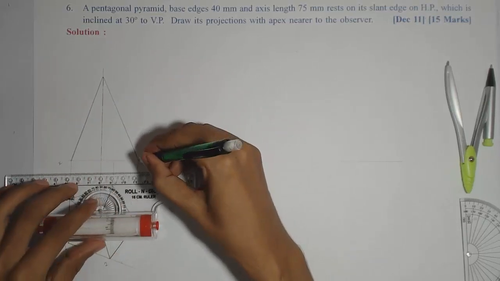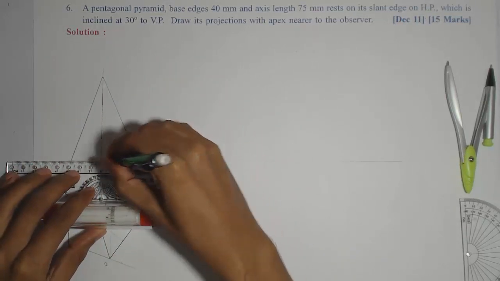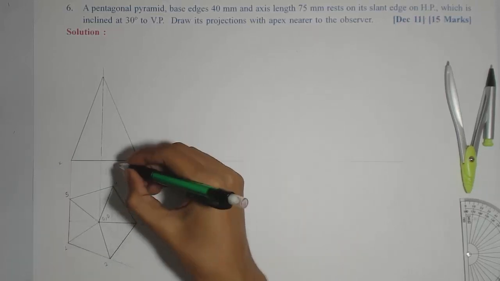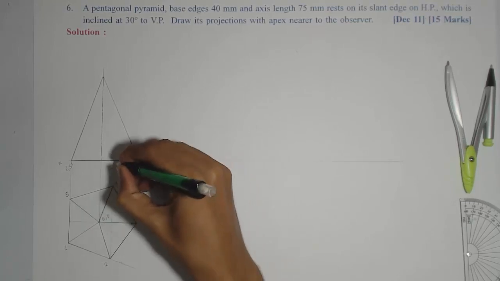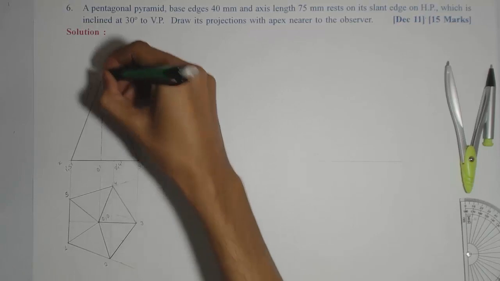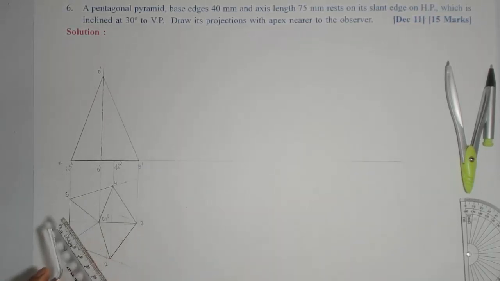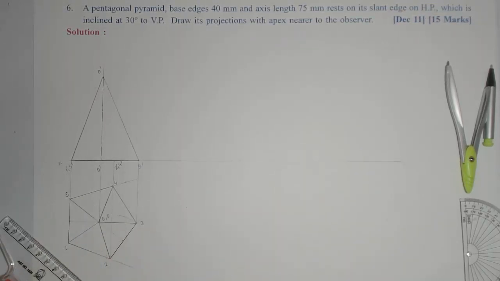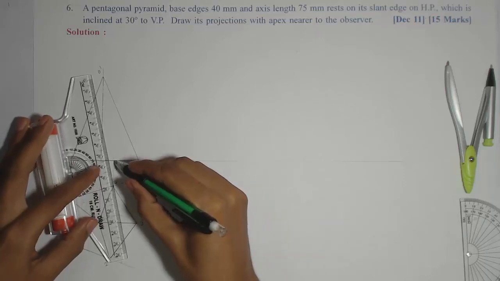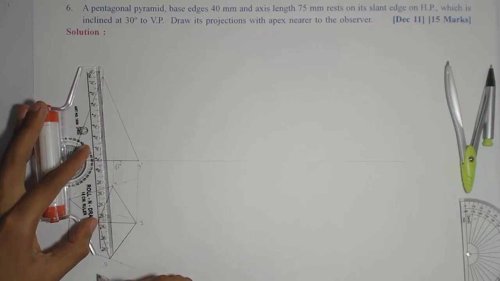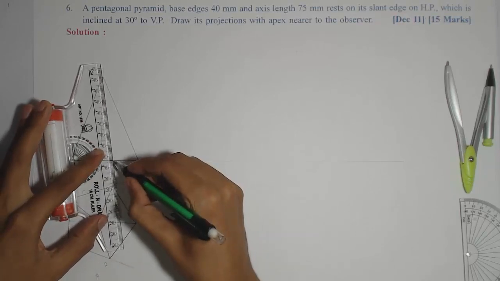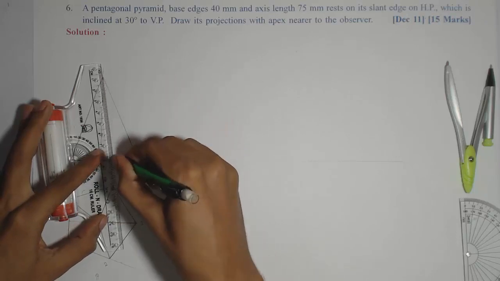Then the base will be also dark, and then at this point, this will be 1 dash 5 dash 3 dash, and here we'll get 2 dash 4 dash, and this will be O dash O dash. So there will be slant edge from 2 dash 4 dash also, which is dark because slant edge from 2 will be visible to the observer and 4 is invisible, but we give preference to the visible, so that's why we are making it dark.